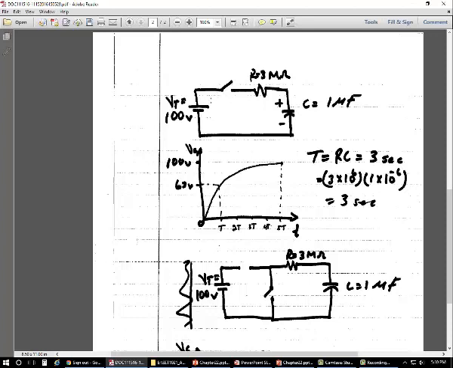If we take a look at this circuit right here, it is open, so there is no current going through the circuit, and the capacitor is not being charged. If we did not have this capacitor here, and instead we had just a short circuit, the very moment we close the switch, the 100 volts would be applied to the 3 megaohm resistor.